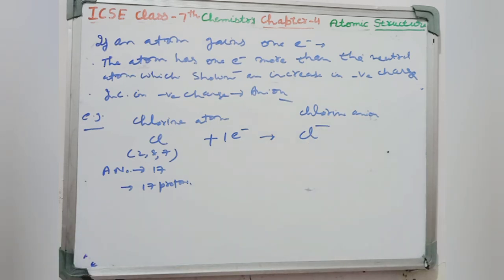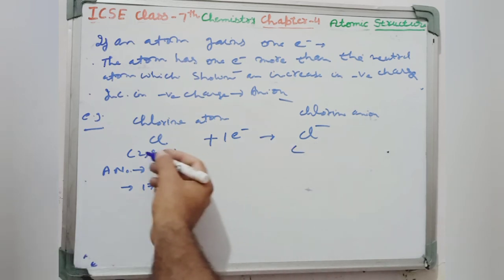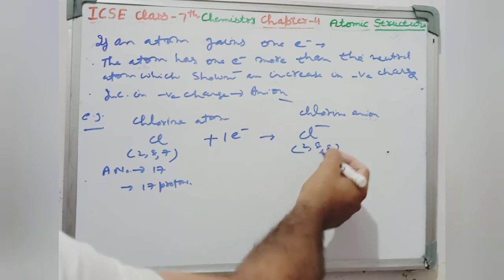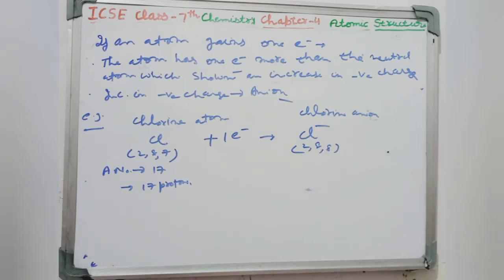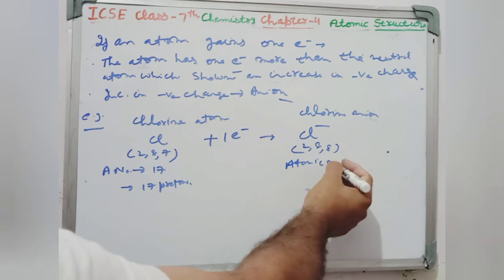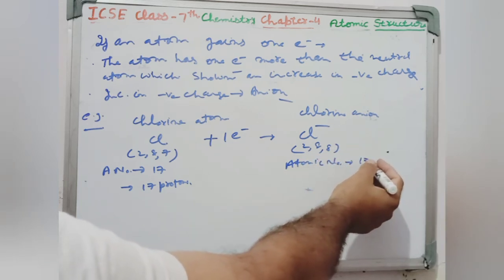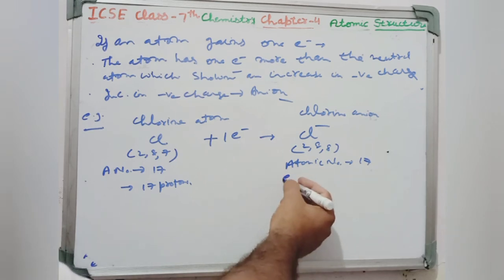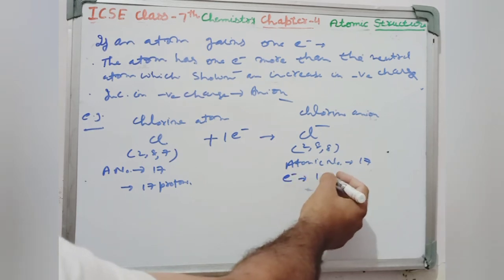So its configuration will become 2, 8, 8, but atomic number will be the same, 17. Now how many electrons? 18.